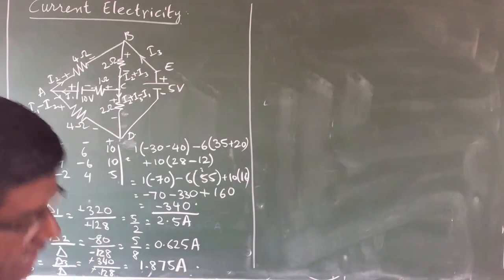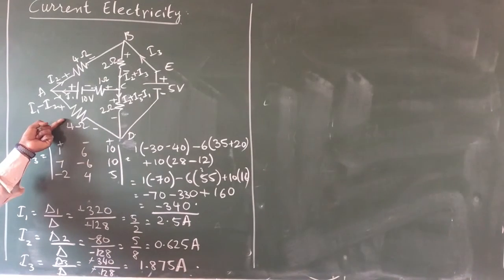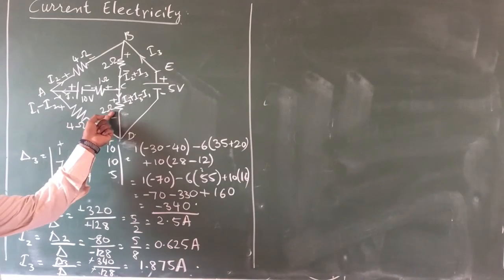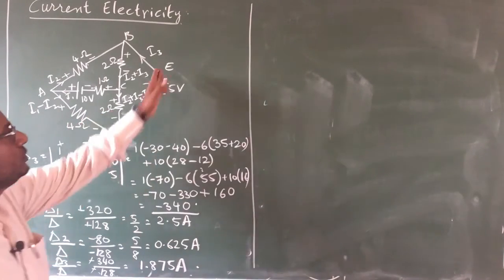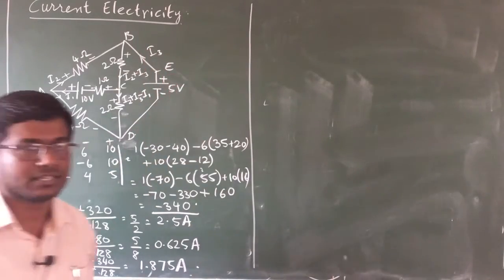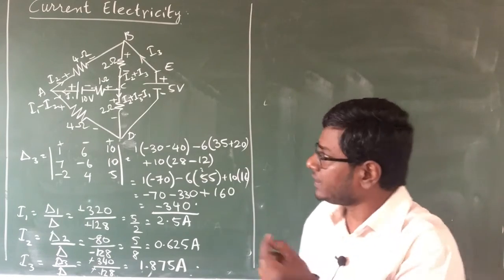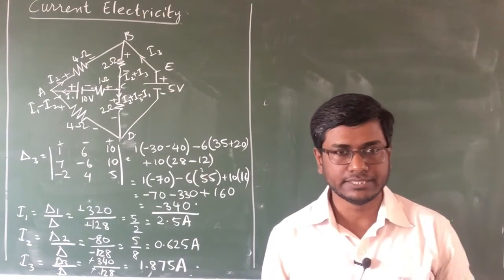Rather, they are going to ask you what is the current flowing in this 4 ohm resistor, or in the 2 ohm resistor, or in this arm where the 5 volt battery is connected. They may ask you one particular branch, what is the current there.